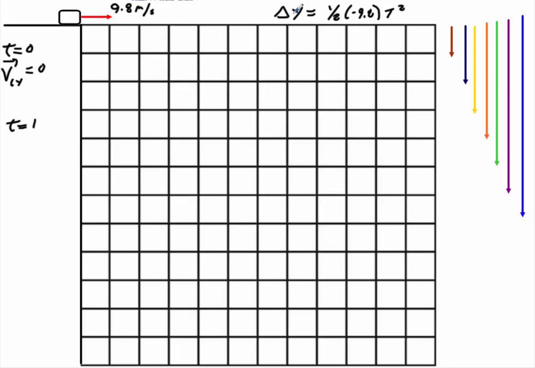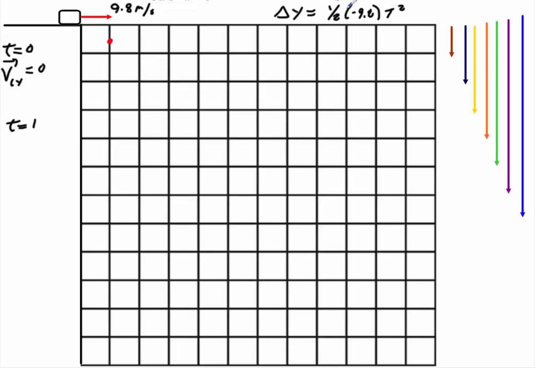We can use this equation here to find out what our displacement is going to be in the y, because we have no initial velocity in the y. So we have 1/2 times negative 9.8 times t squared. So what will happen is that in 1 second we're going to fall 4.9 meters.